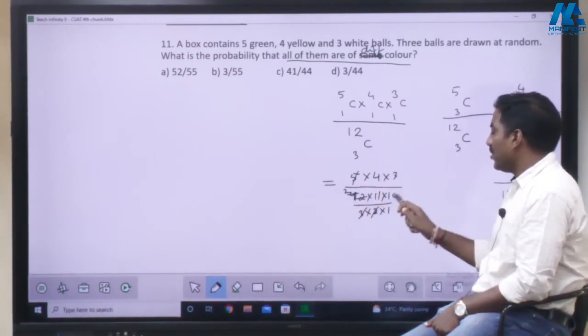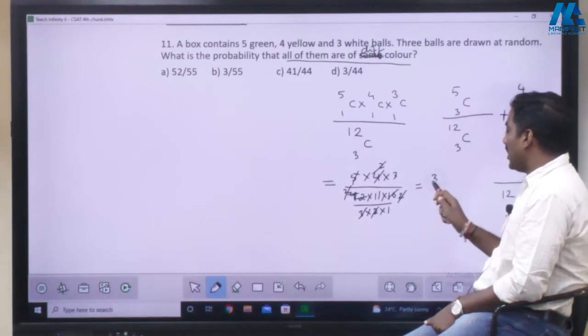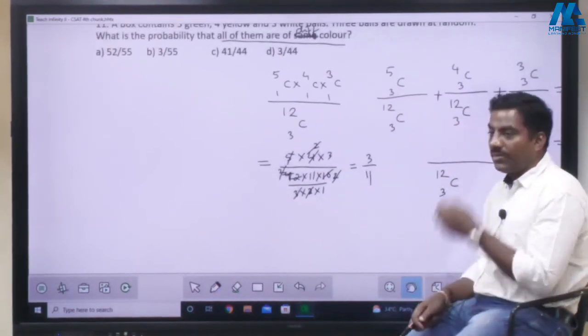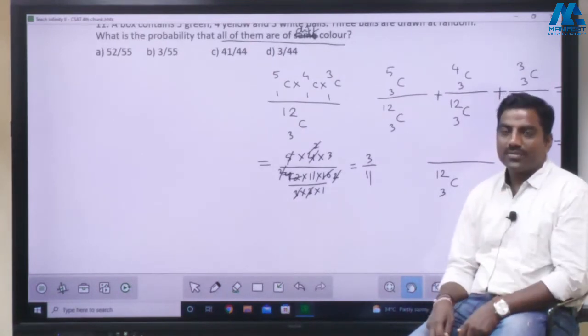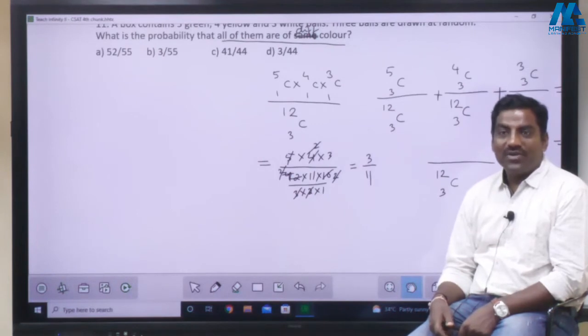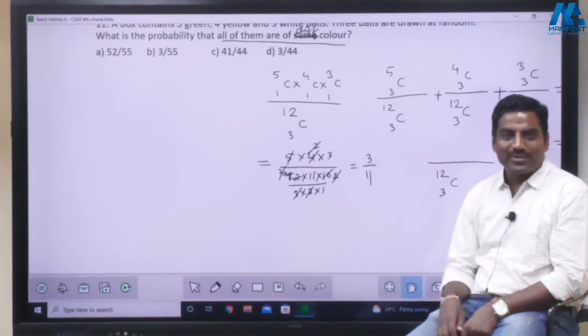Then 5 ones are 5, 2 twos are, 2 2 get cancelled. It is 3 by 11. 3 by 11. So choosing balls of different colors is easy compared to choosing all 3 balls of same color. Yes or no?